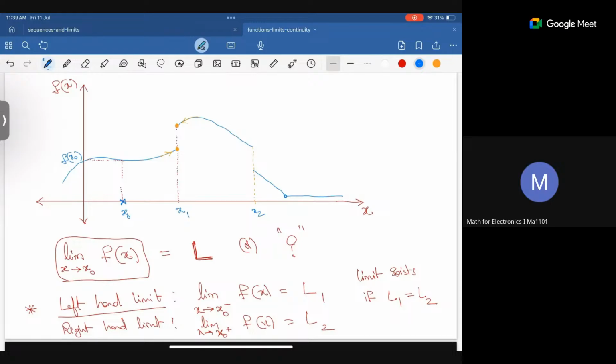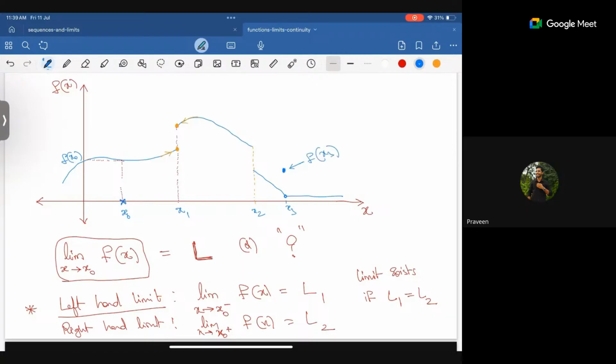So that is what solid and hollow circles mean. So hollow circle means the function at x3, this is not the value, this is the value. So this is f of x3.